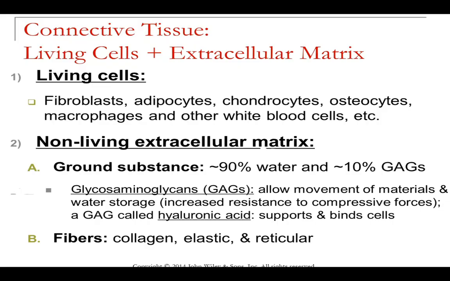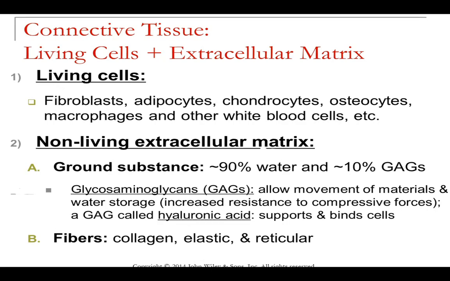Then we'll also see macrophages, which, if you remember from Gen Bio, are a type of phagocytic cell. So it is performing immune functions. It is sometimes, I believe, considered a type of immune cell. There are other immune cells and white blood cells found in connective tissue.